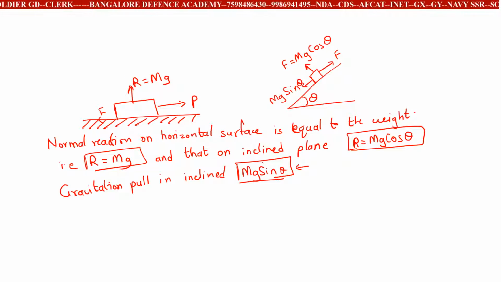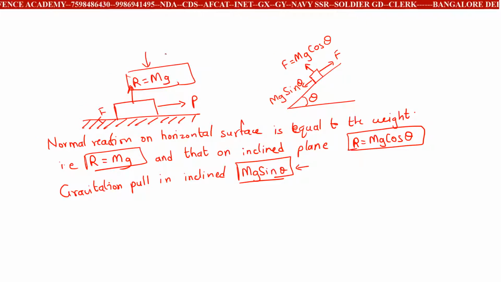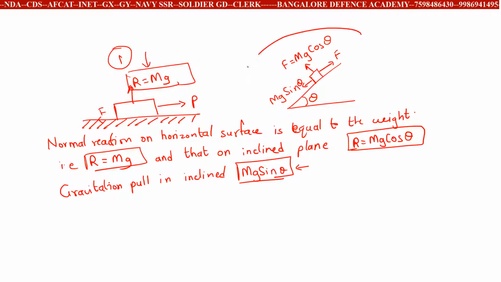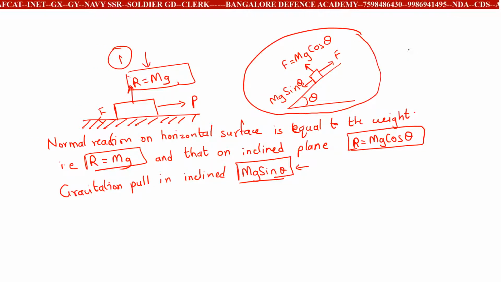Okay, so these are the important formulas. When we solve numericals, problematic questions in friction, we are going to use the formula R is equal to mg when there is a horizontal surface, and the second important formula, mg cos theta, and the gravitational pull is equal to mg sin theta. These are important points that you need to keep in mind to solve the questions.